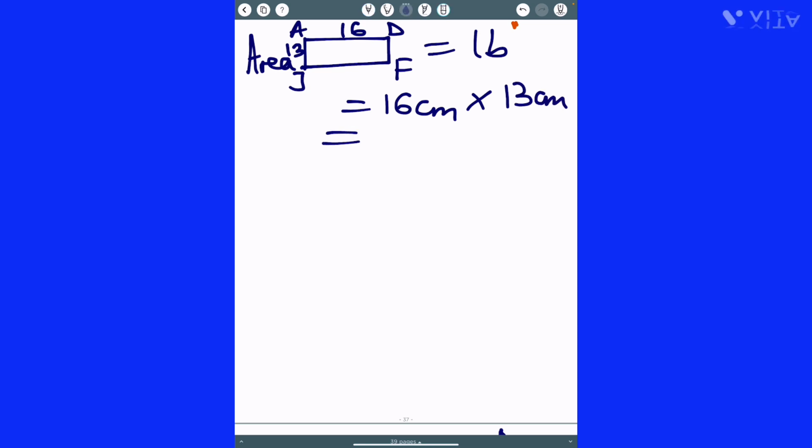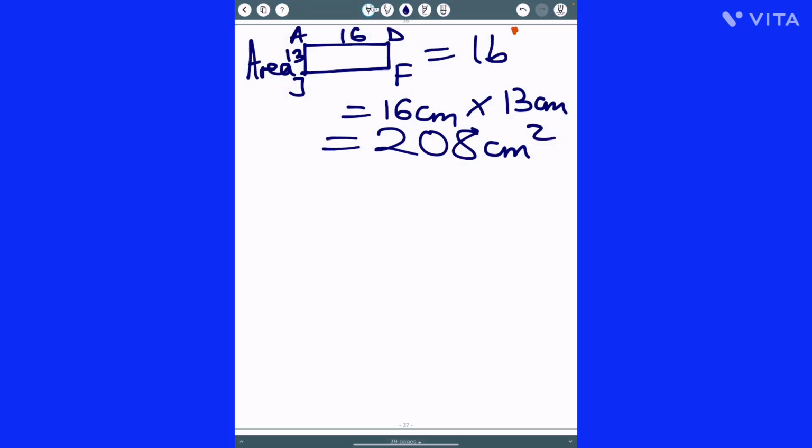You multiply to get your answer. 16 times 13 is 208. So that's 208 centimeters squared. You keep that in mind.